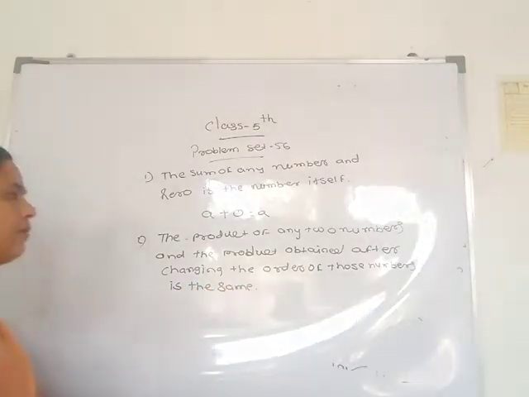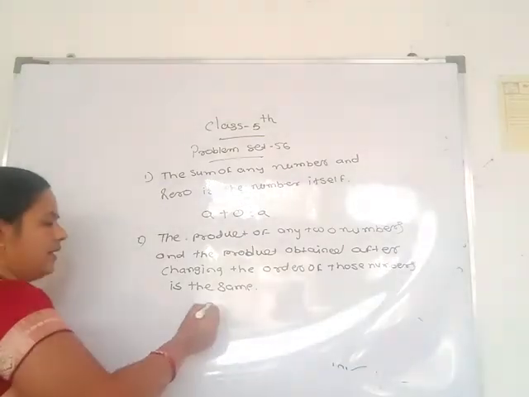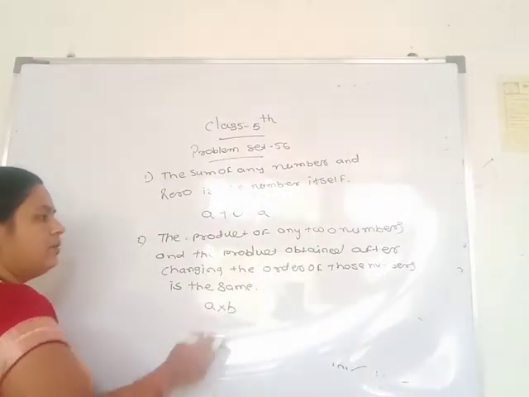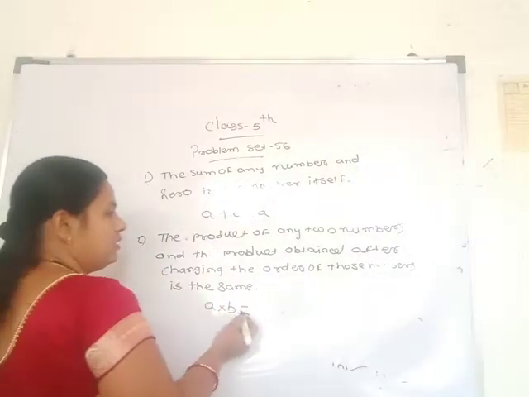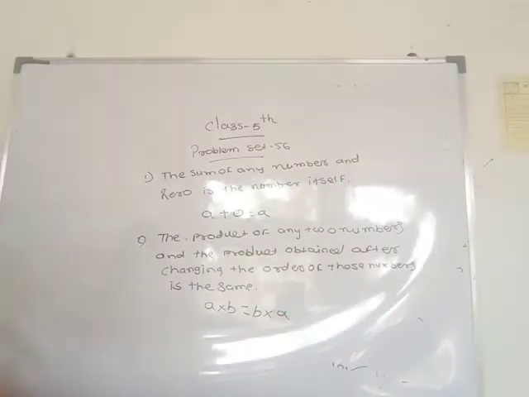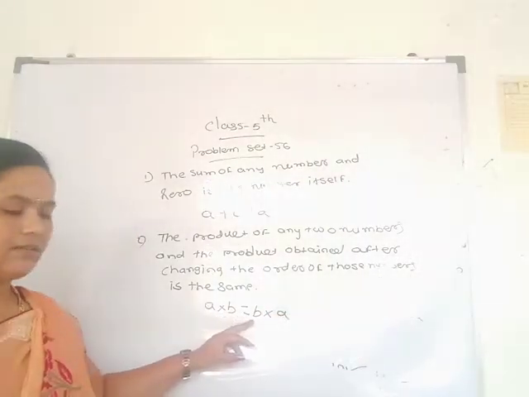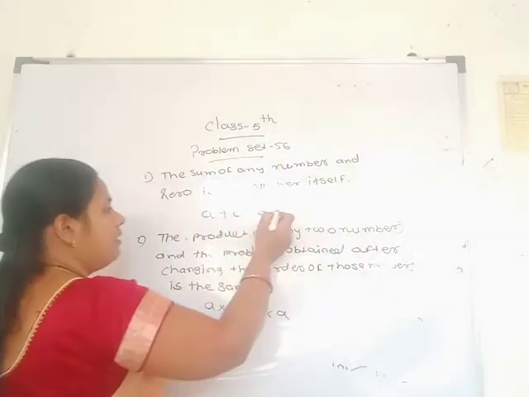You take here, suppose, any two numbers A and B. The product of these two numbers, and the product obtained after changing the order of B into A, is the same. See here, A into B is equal to B into A.